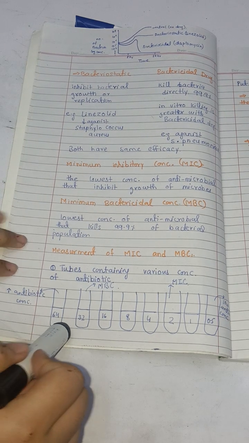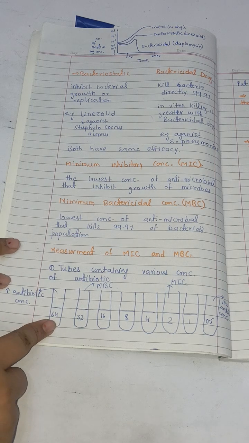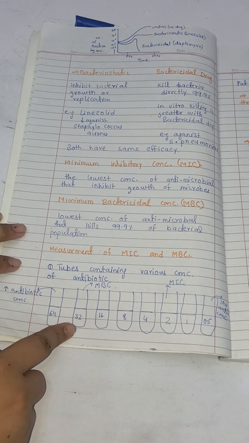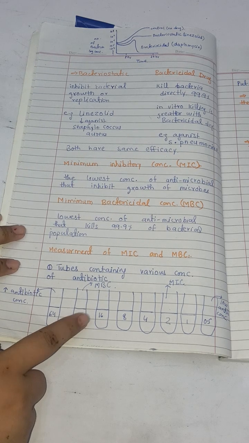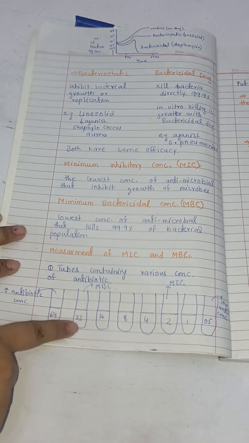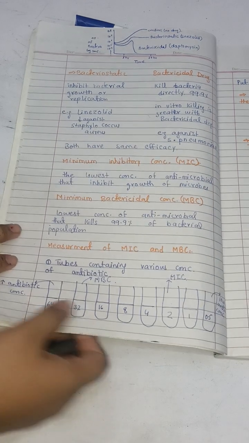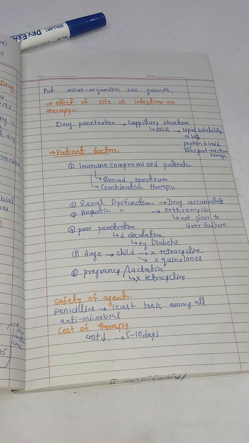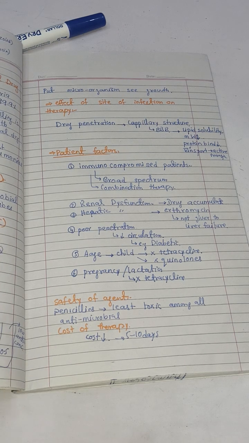So at 64, 100% of bacteria die. At 32, 99% of the bacteria die. Therefore this will be the MBC. So it means 2 is the MIC and 32 is the MBC. So we can calculate the MBC or MIC of any antimicrobial agent or drug.